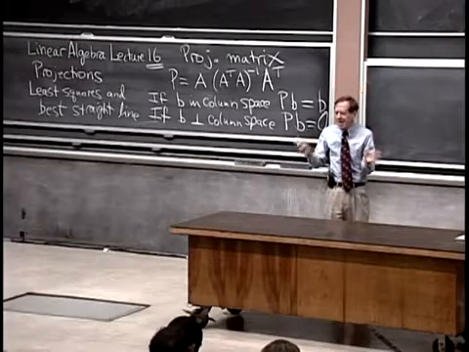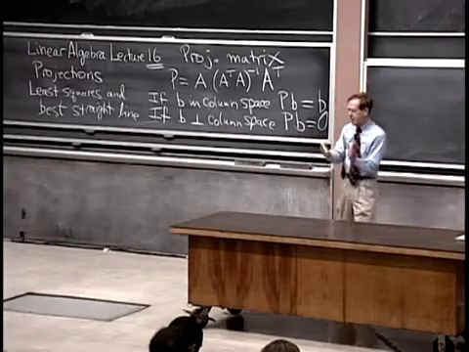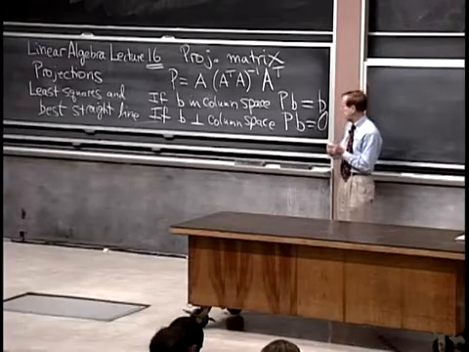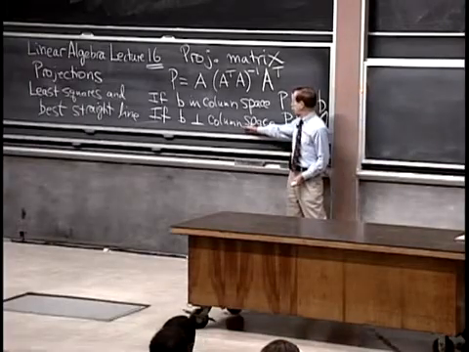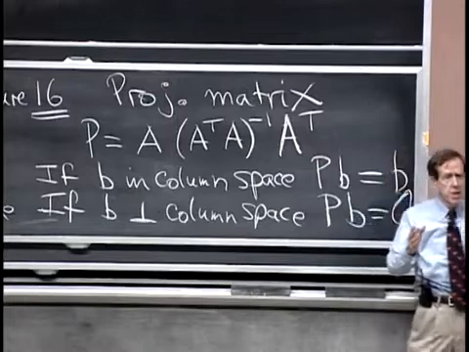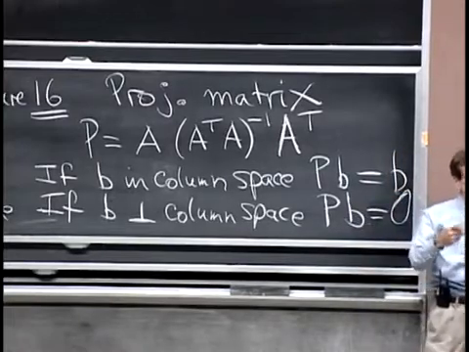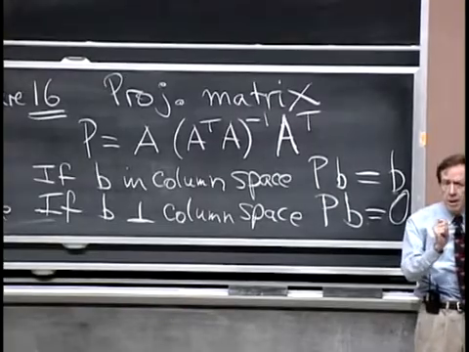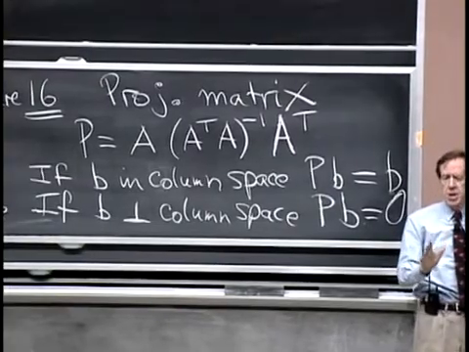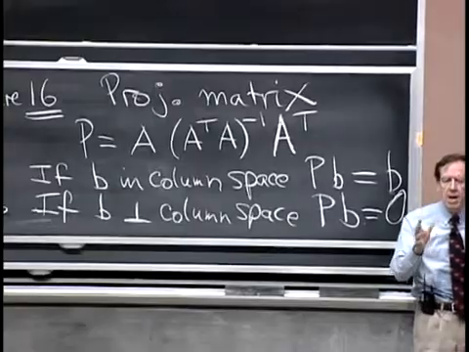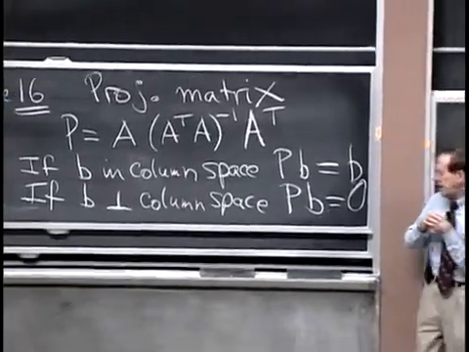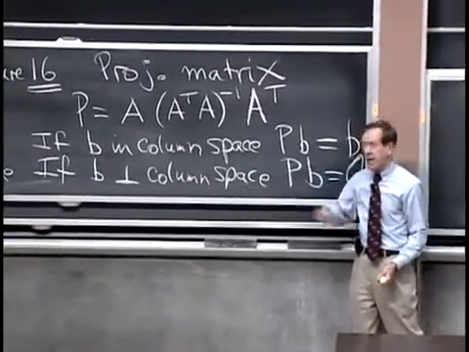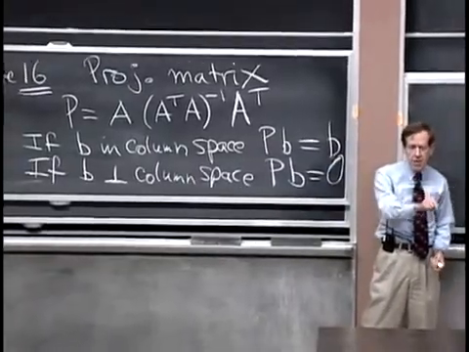The reason I do this is it's perfectly using what we know about our 4 spaces. What vectors are perpendicular to the column space? Those are the guys in the null space of A transpose, right? That's the first section of this chapter. That's the key geometry of these spaces. If I'm perpendicular to the column space, I'm in the null space of A transpose.